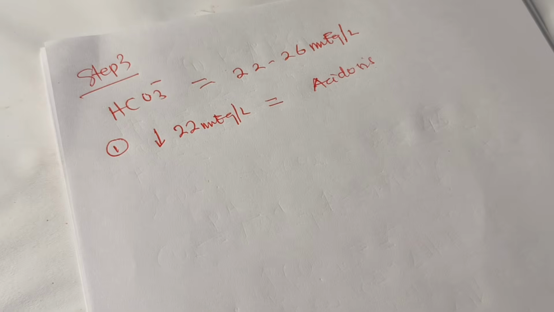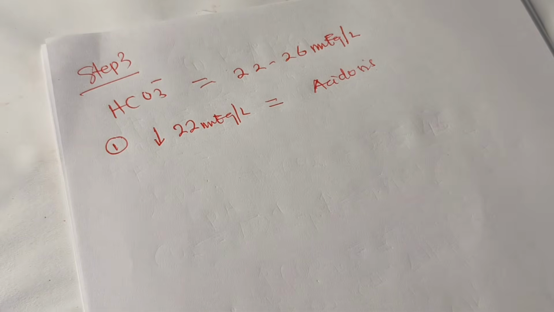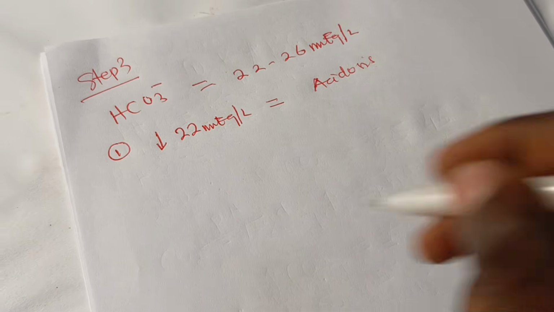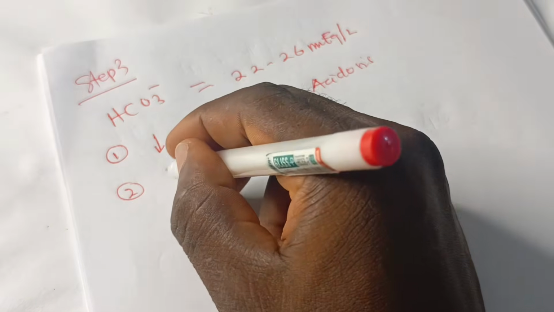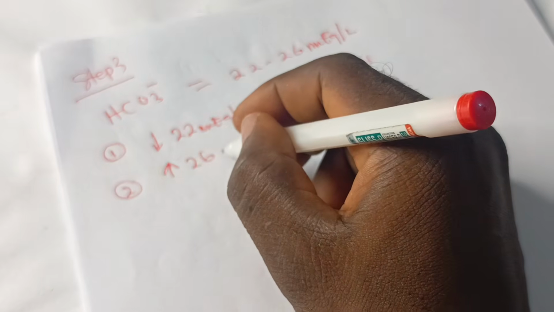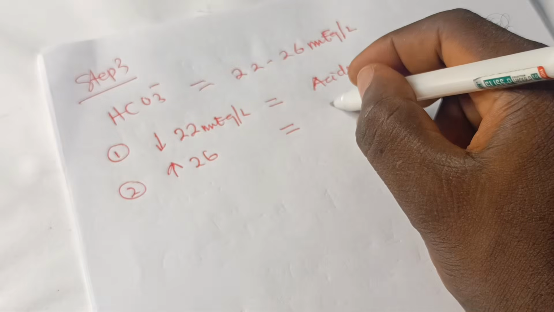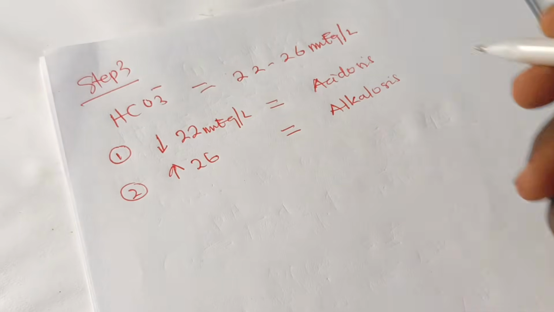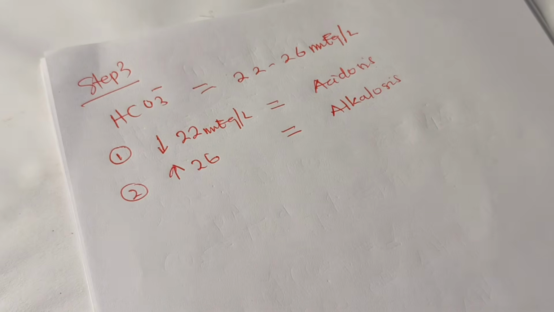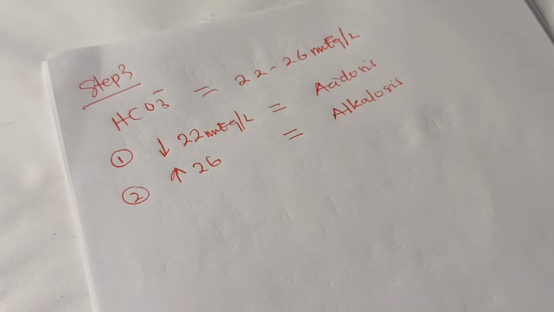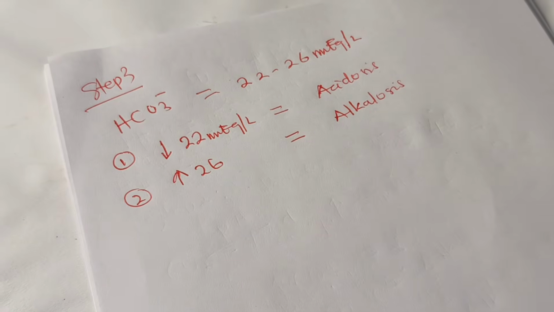It agrees with acidosis because it's a base, so the less we have of it, the higher the acid in the body will be. If it is higher than 26, then it is alkalosis, because that would mean we have too much base in the system. If it is within the normal value, then it's normal.